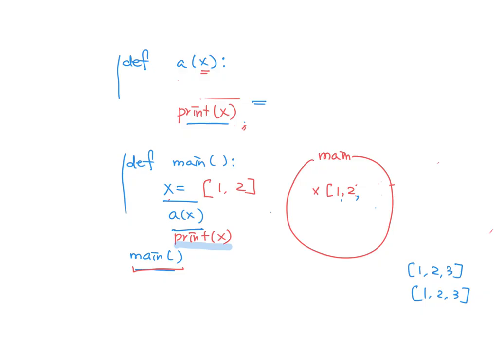So if I modify this, suppose that I have similar code like this. If x is defined in main, the list of 1 and 2 is named as x.